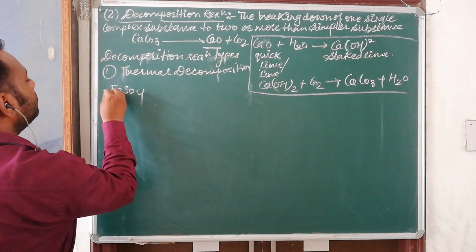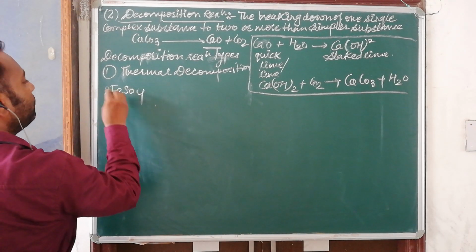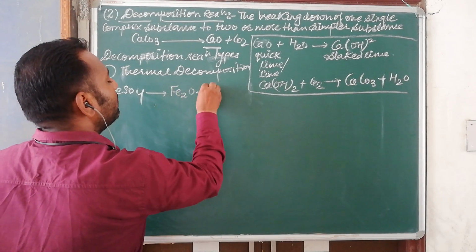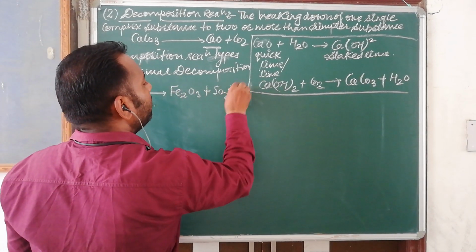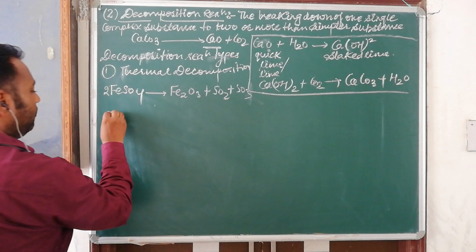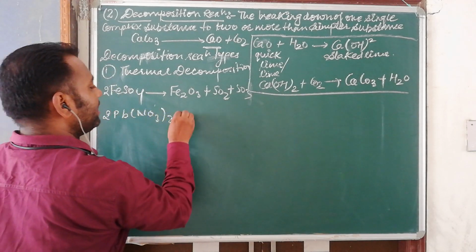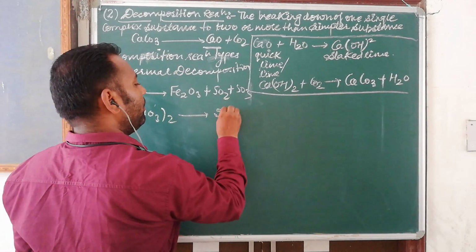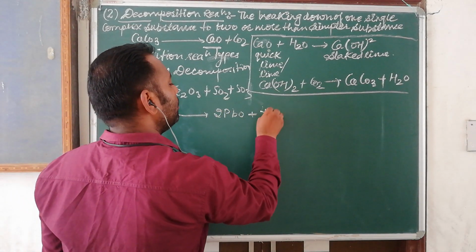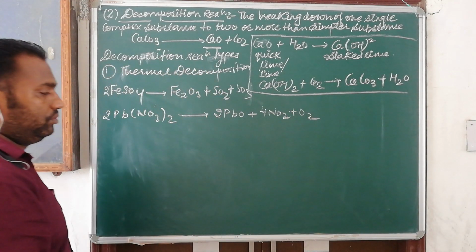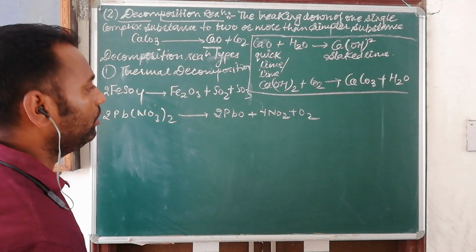FeSO4 reacts to give Fe2O3 plus SO2 plus SO3, and one more: 2Pb(NO3)2 gives 2PbO plus 4NO2 plus O2.